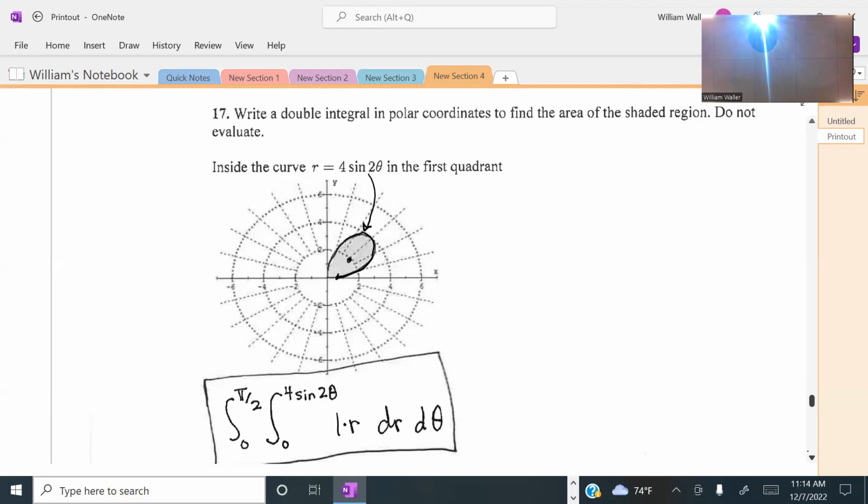But we also want points inside of the leaf, inside of the four-leaf clover. That means their r value can be less than 4 sine 2 theta.